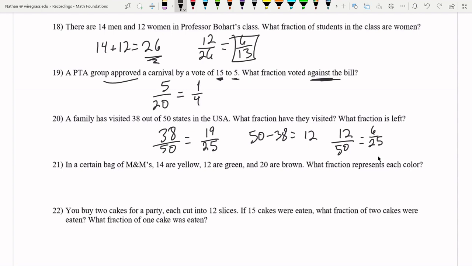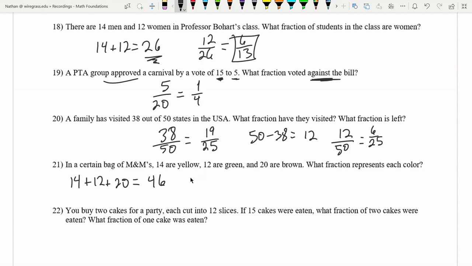Okay, in a certain bag of M&Ms, 14 are yellow, 12 green, 20 brown. What fraction represents each color? Well, you're always talking about the whole bag, right? The entire bag of M&Ms, all the colors combined. The first thing we need is 14 plus 12 plus 20. That gives us 46.